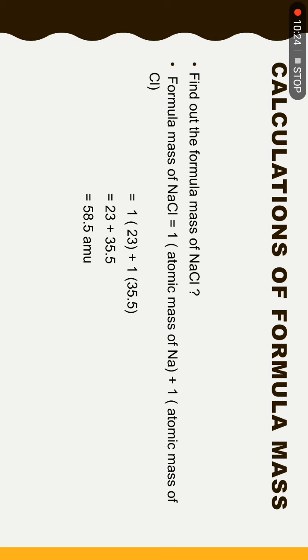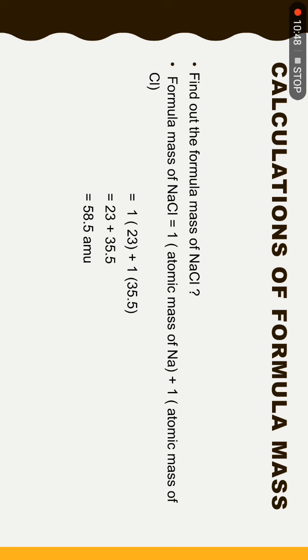If we put the specific values in these brackets, we will get 1 multiplied by 23 plus 1 multiplied by 35.5. So 1 multiplied by 23 will be 23 as it is, and 1 multiplied by 35.5 will be 35.5. The answer will become 58.5 AMU. So these were the calculations about the formula mass.